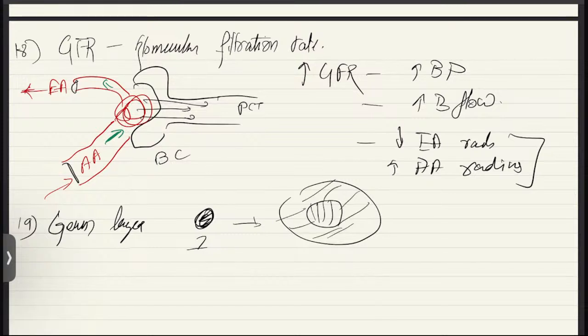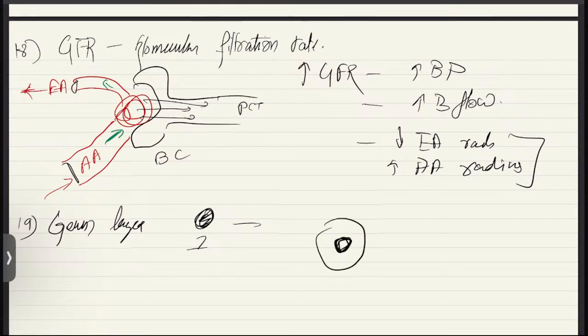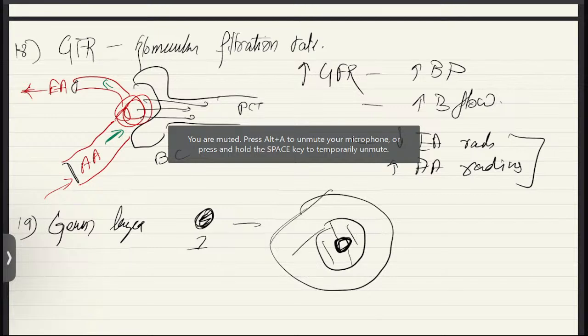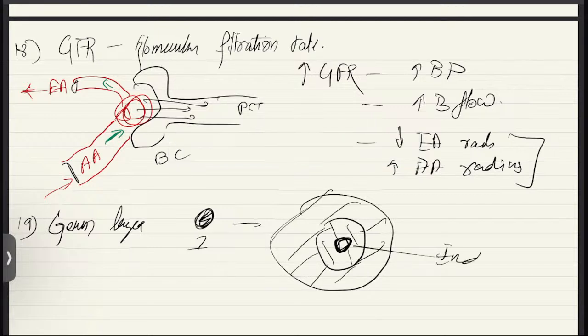So in the very primitive organisms, there were only two germ layers. I will start with the gut. This is the gut. Around the gut, there will be one germ layer. Around that germ layer, there will be another germ layer. So this inner germ layer is endoderm. Outer germ layer is ectoderm.